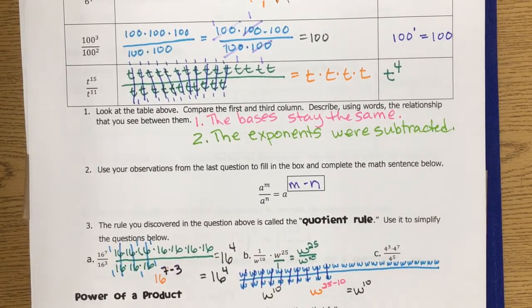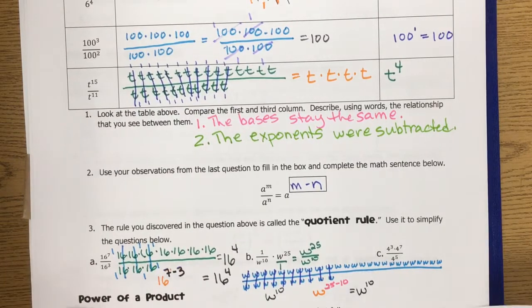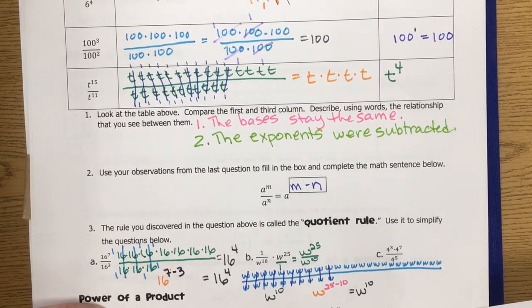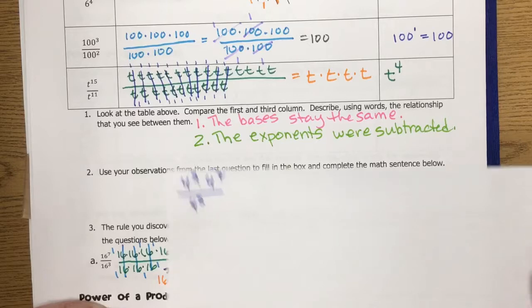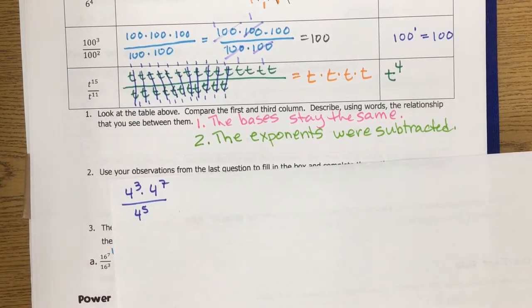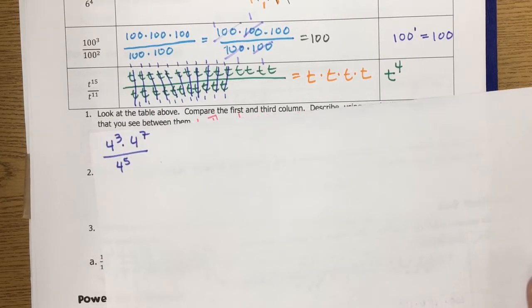And amazingly, I would have come up with the same answer of w to the 10th. Now this last one, I'm going to have to do on a separate sheet of paper. So you can turn yours over to the back, or hopefully you've already done the problem. So I have 4 to the 3rd times 4 to the 7th all over 4 to the 5th. Okay, so I'm going to put that right there. And we're going to move it up just a tad.